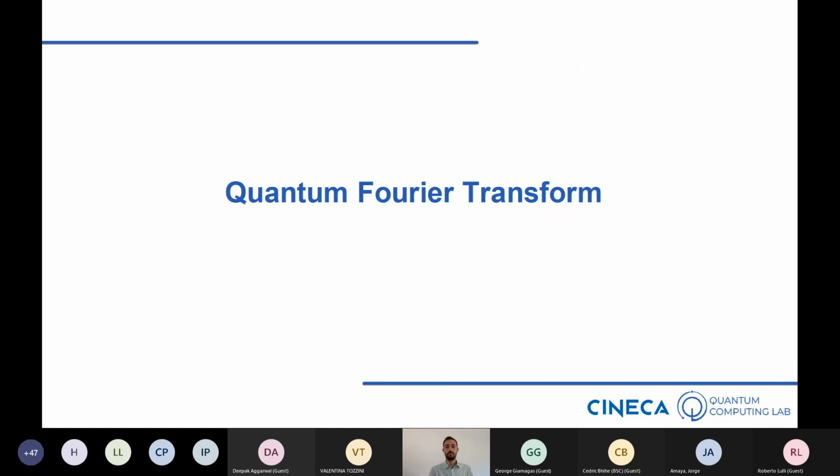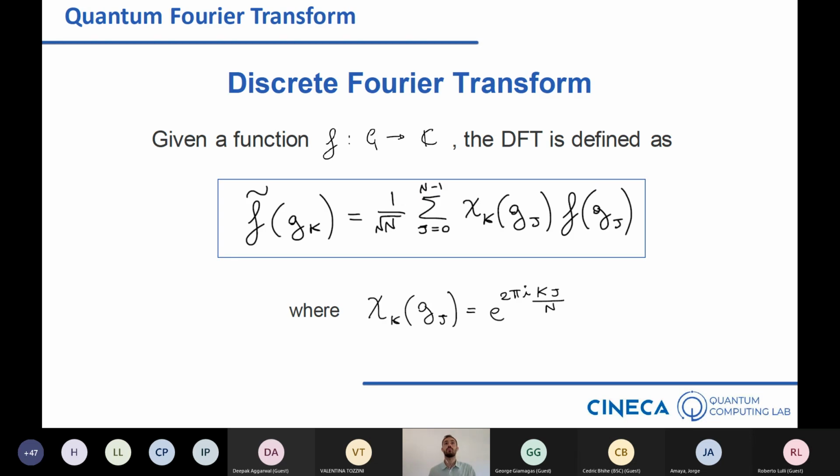So, okay, we can go on and see the quantum Fourier transform. The quantum Fourier transform is another very famous algorithm. It is used in other quantum algorithms that we're going to see, which are much more important. So first of all, what is the discrete Fourier transform?